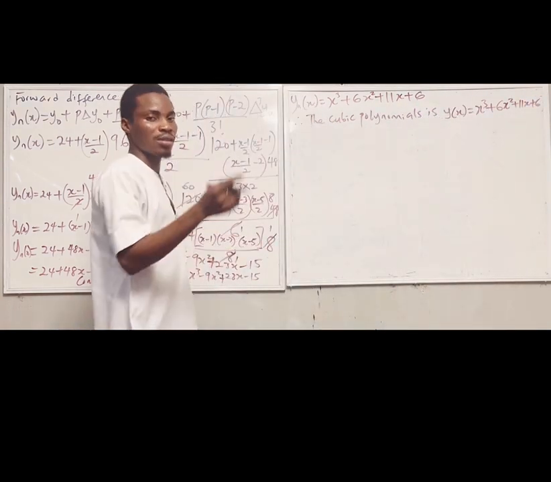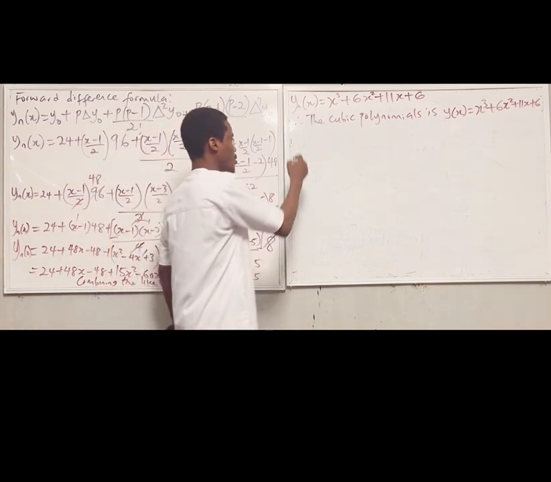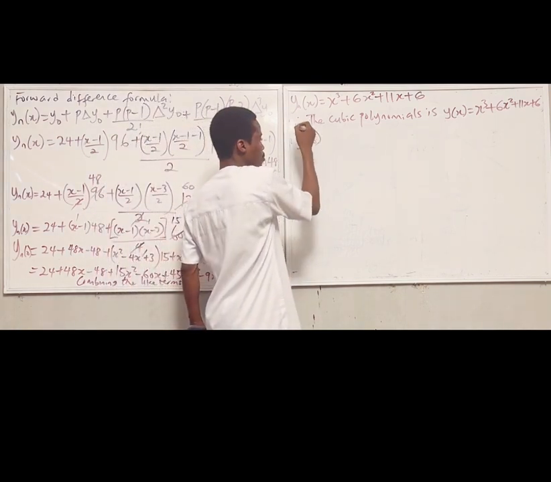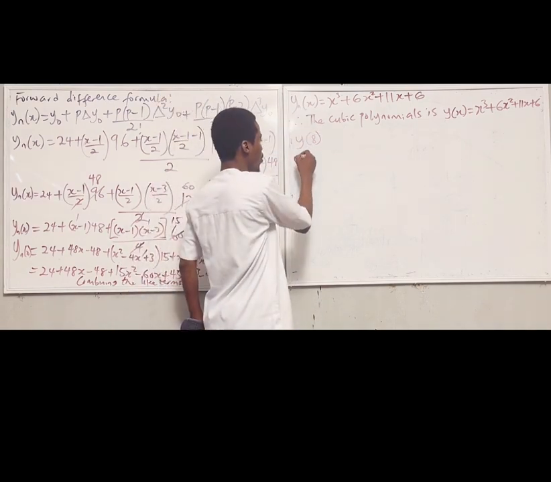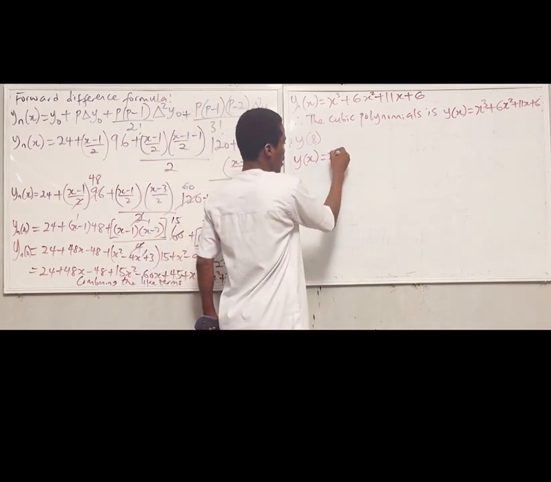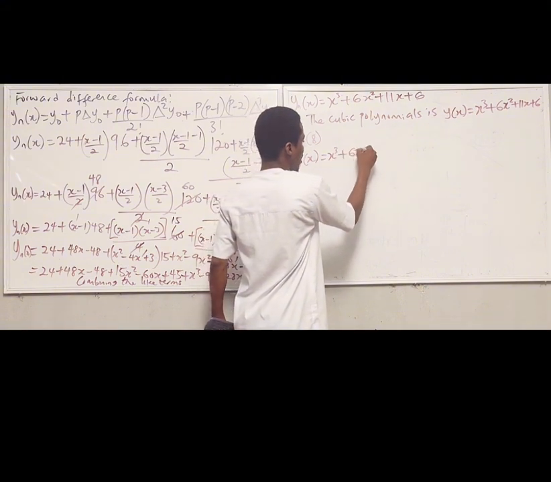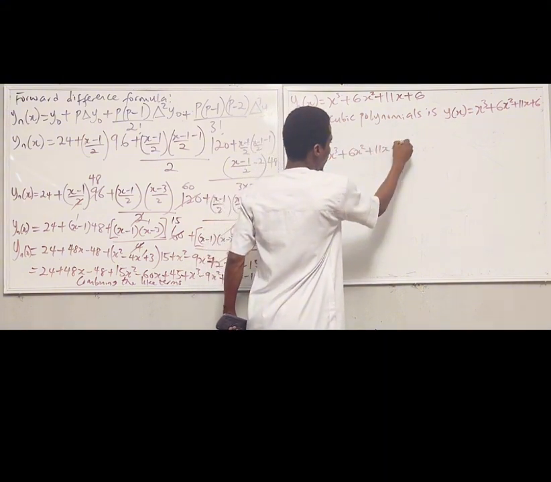And the question is to find y of 8. So it means I'm going to consider my y of x, and my y of x is s cubed plus 6s squared plus 11s plus 6.